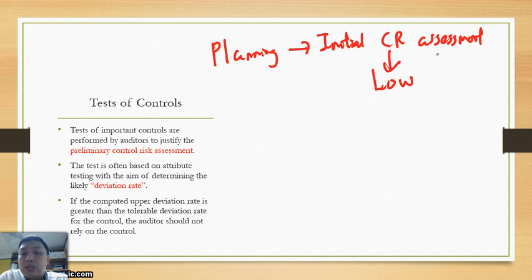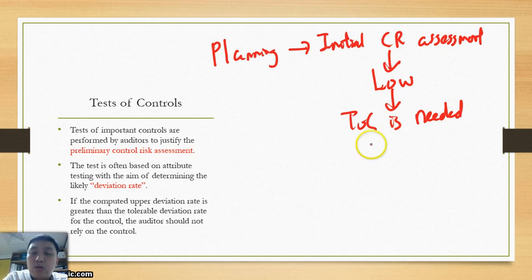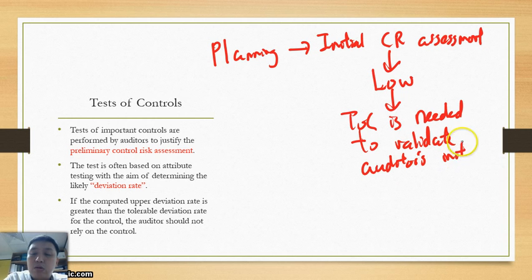Because this initial risk assessment is only in theory, auditor now need to test this control to validate whether these controls are really effective in practice. So this is what we meant by test of control. Test of control is needed to validate auditor's initial assessment.